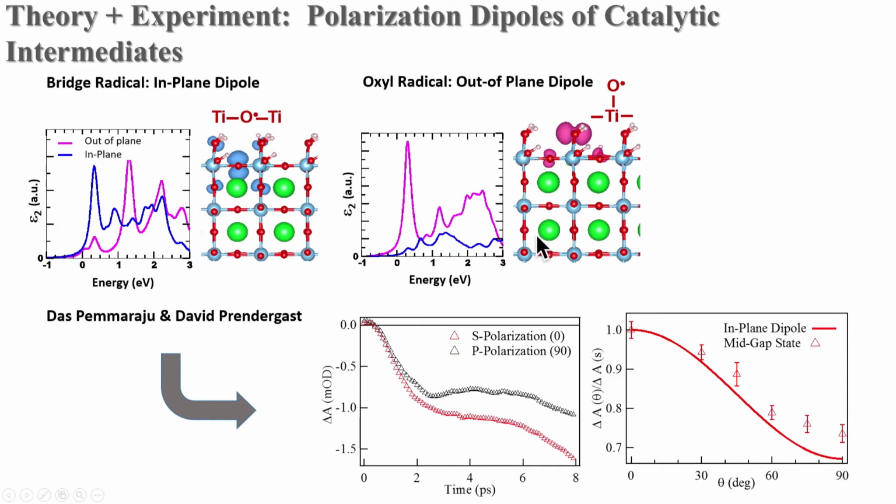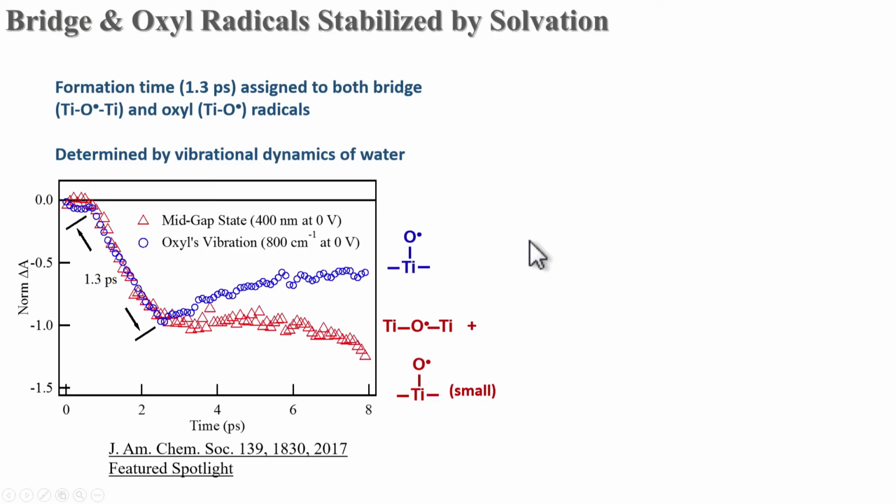That then essentially furthers the interpretation of this data, which essentially tells us that this time constant relates to populating the surface not only with oxyl radicals, but also with bridge radicals. So using two different types of probes also tells us what can simultaneously form with another species.